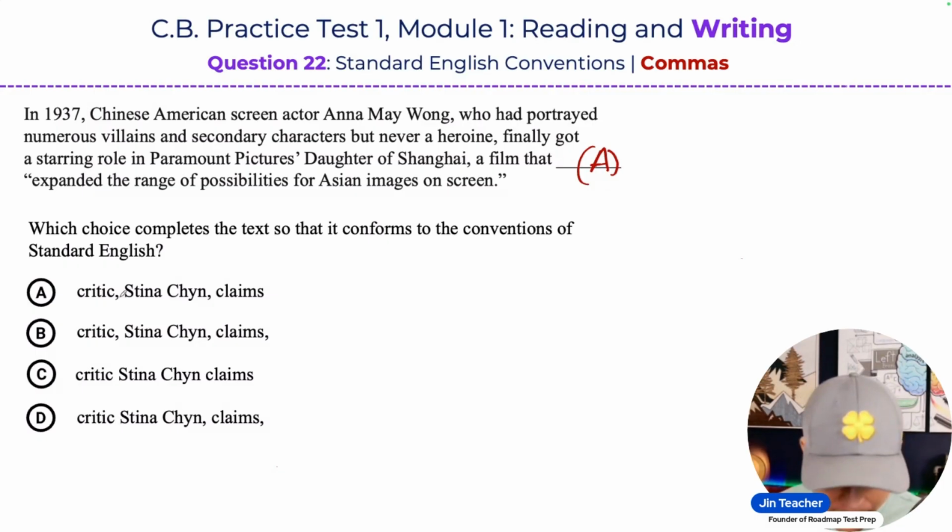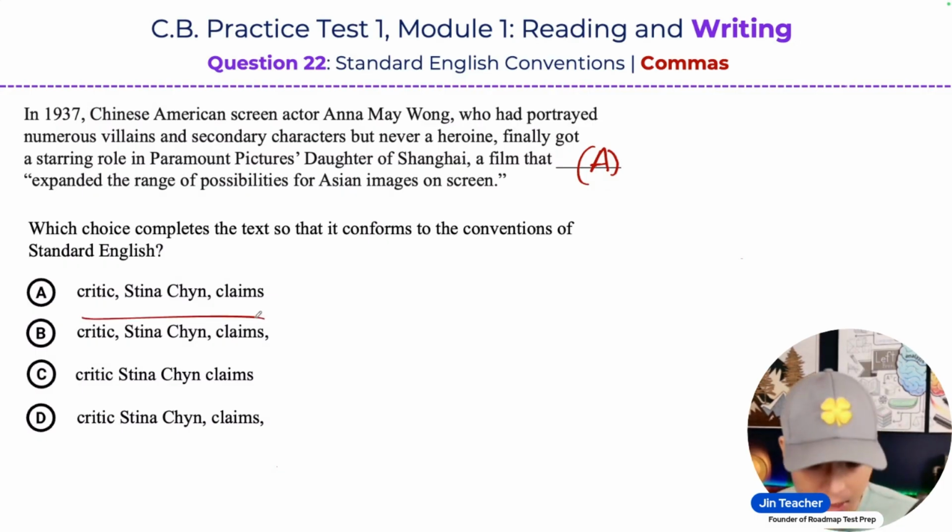Say, "a film that critic Stina Chine claims expanded the range of possibilities for Asian images on screen." Don't worry if it's wrong, but you just want to plug it in to figure out the context, okay? And also, don't stop in the middle of the sentence and then try to figure out the answer. Instead, read it to the end of the sentence, okay?